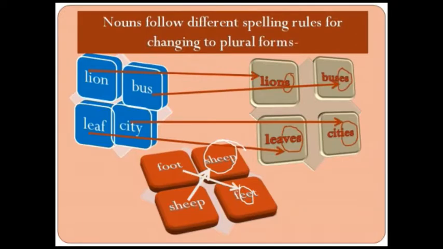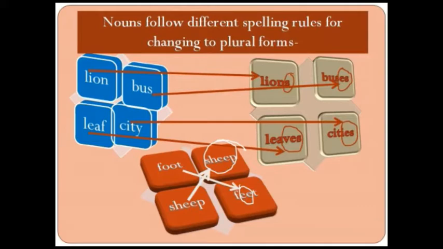Do you notice that nouns follow different spelling rules for changing to plural forms? The word lion has changed to the plural lions by adding s. But it has not happened in the same manner for the word bus. Bus has changed to the plural by adding es.